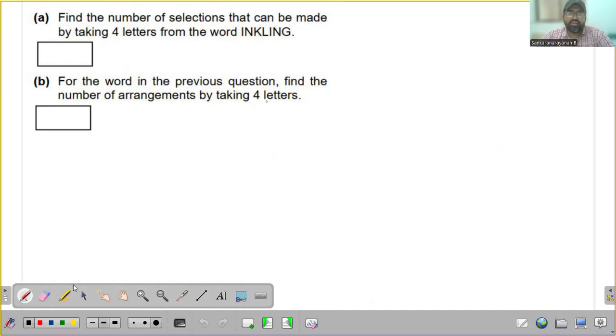So please note, the same question, we are actually dealing with combination in the first part and permutation in the second part. Okay, so I shall just indicate it here, combination. And here I shall write permutation. That is about the arrangement I am saying.